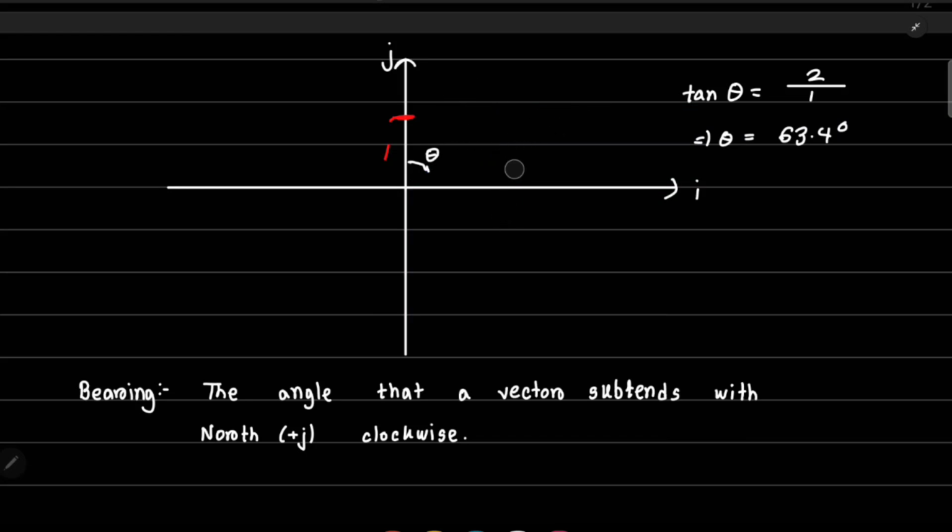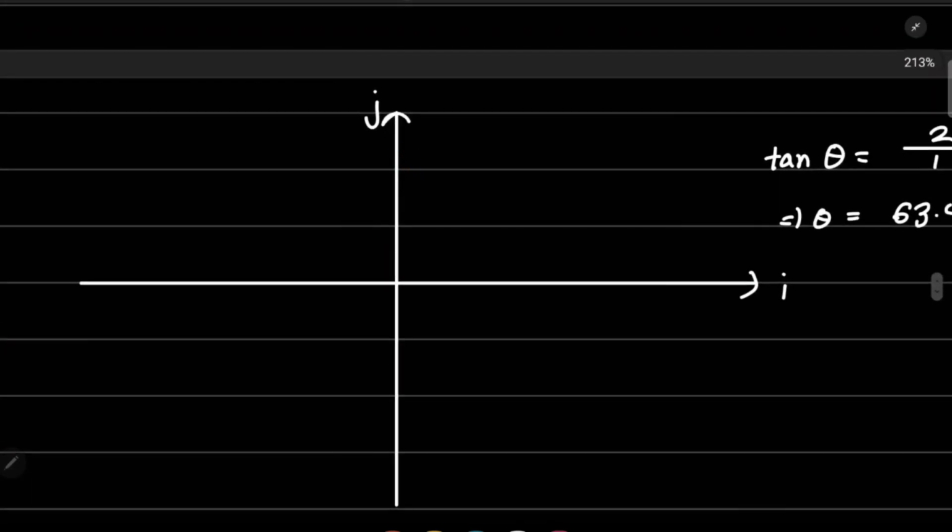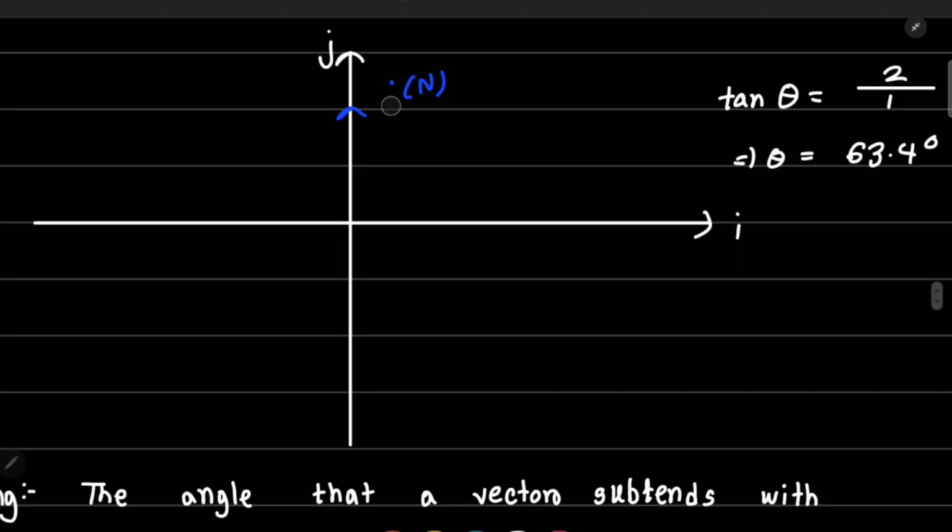We also have to remember the vectors of some common directions. The common directions are north, south, east, west, and exactly in between them. So if I begin with north, a vector representing north would be kj. Kj represents north. Ki over here represents east.